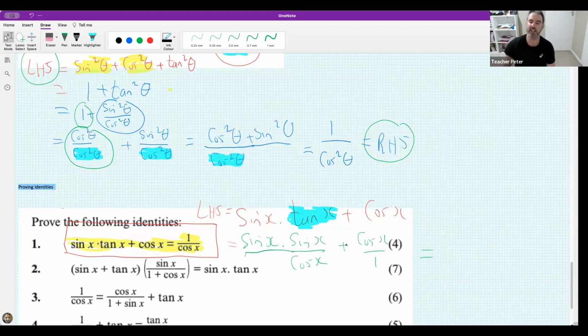Okay. Now I'm going to hand over to your classmates because you've helped us with the first part. I need some help. I want to stick together this sine x times sine x over cos x plus cos x over 1. I want to bring them together, but I'm stuck. I need to do something to allow me to stick them together. What should I do? Who can help me out here?